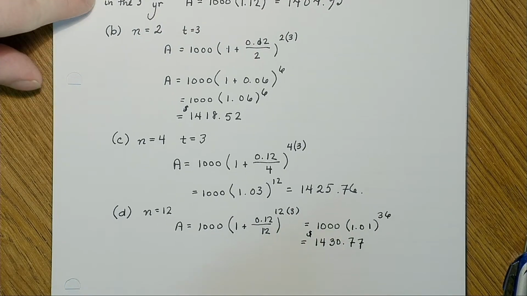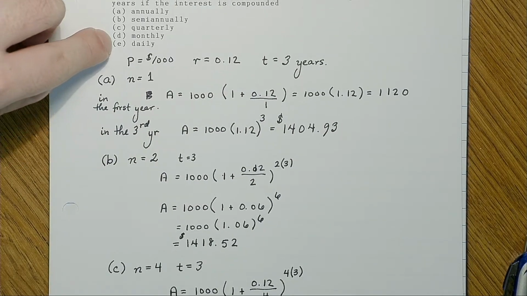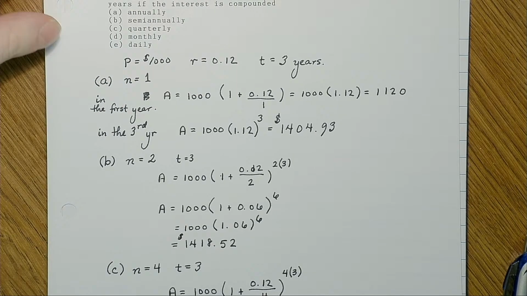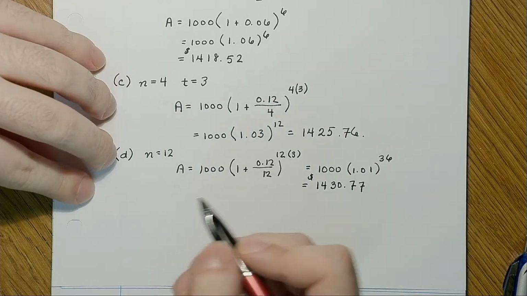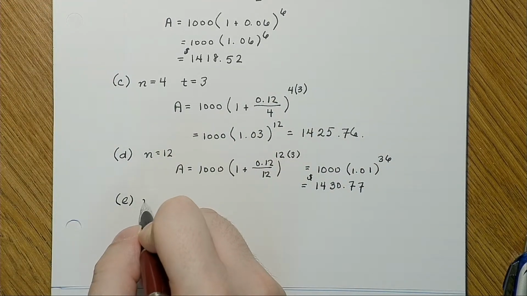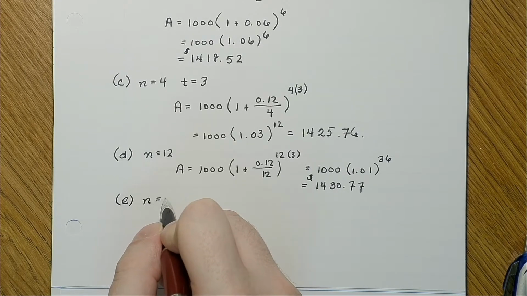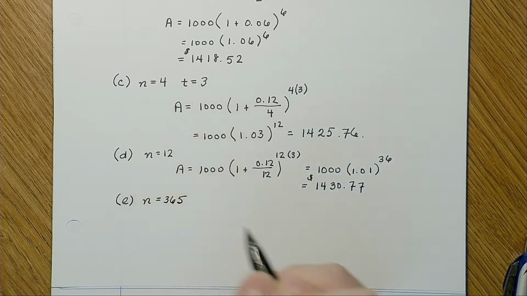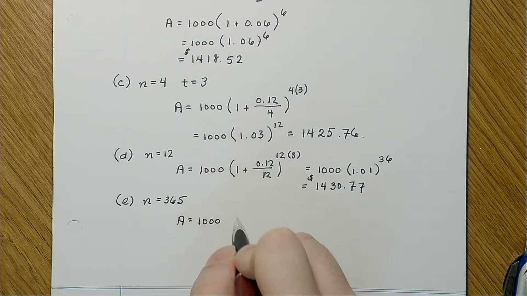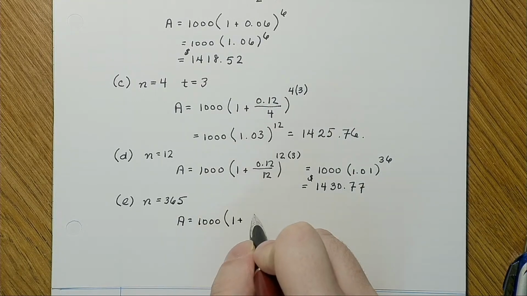And we'll finish off with the daily. We're going to assume it's 365. We're not going to use a leap year. It could be 365 and a quarter or something like that, but same idea.